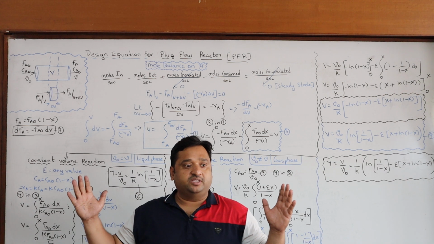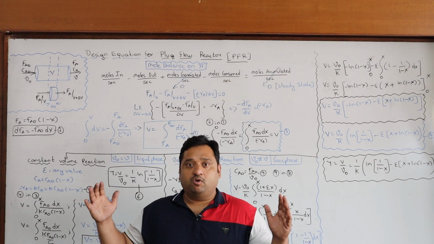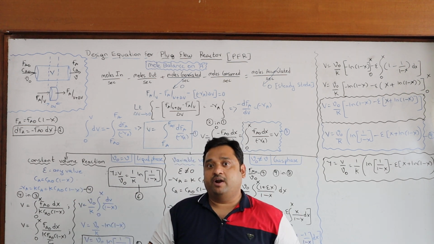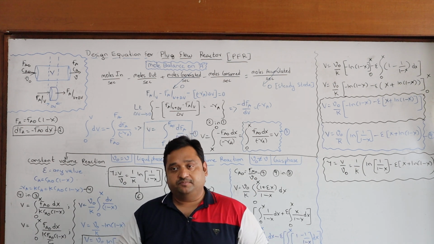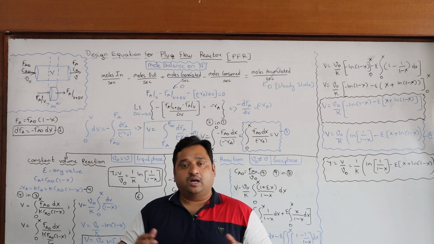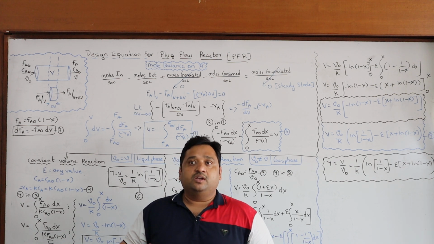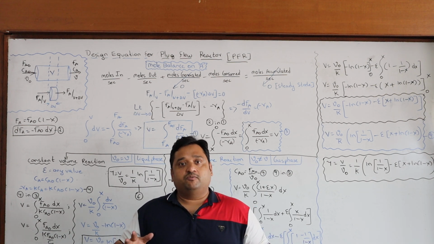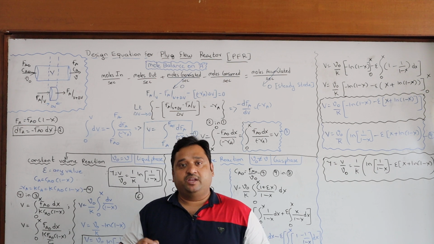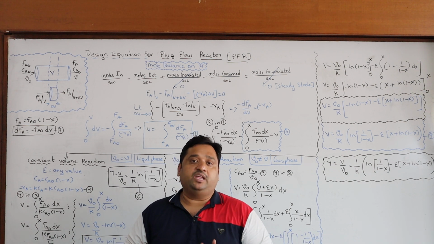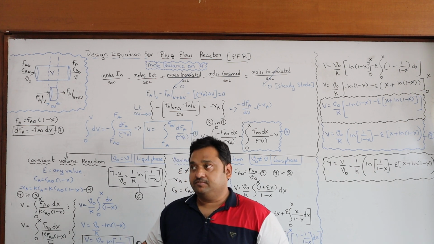Somehow we have to design what volume of this reactor is required for a given conversion. The approach is the same, we do the mole balance, and finally we find one equation with which we can find the volume of the reactor for the given conversion.